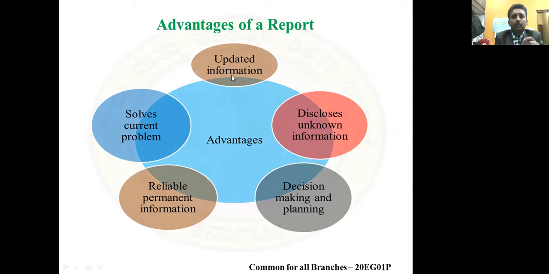Yes, a report provides consolidated, factual and up-to-date information about a particular matter or subject. So information in the report is well organized and can be used for planning and decision making as well.